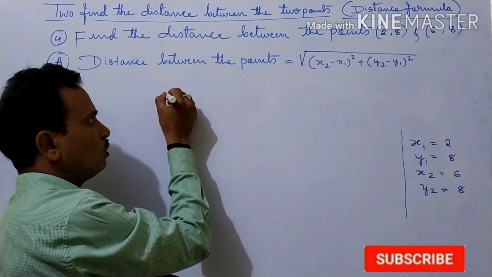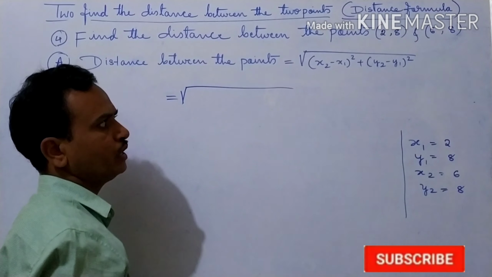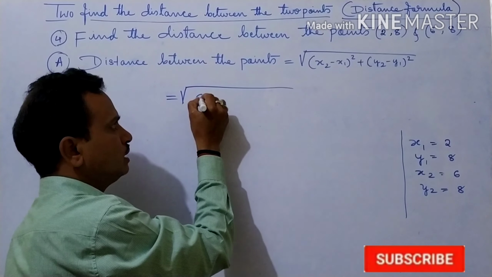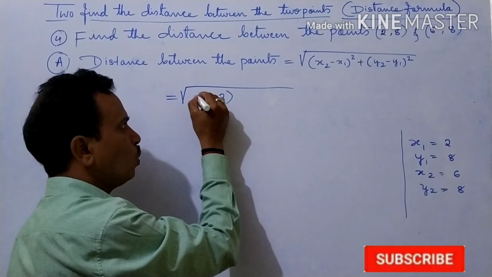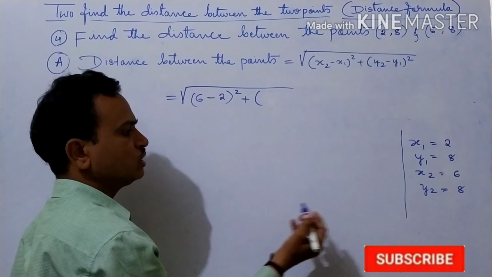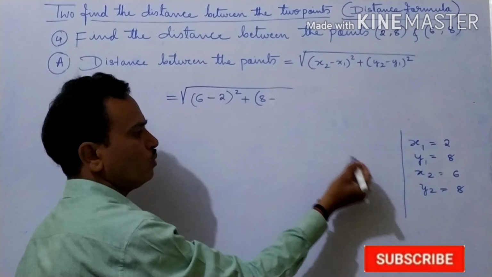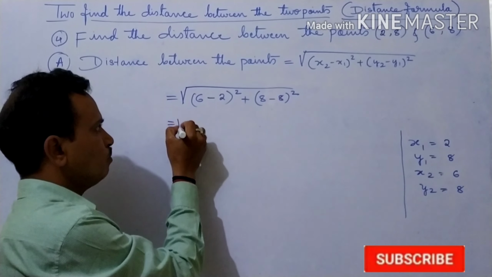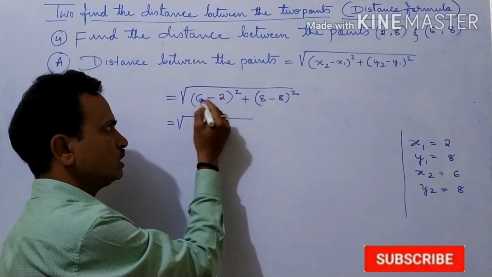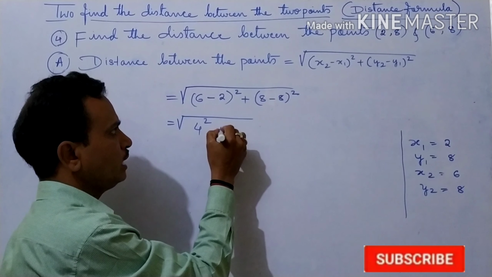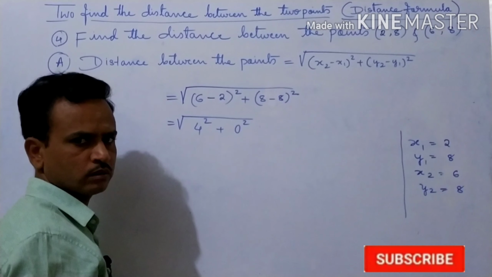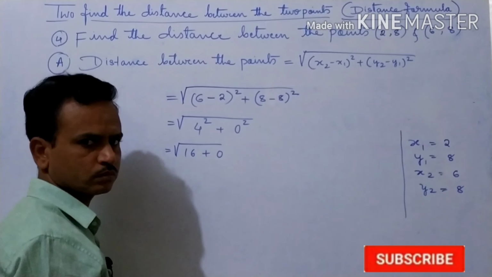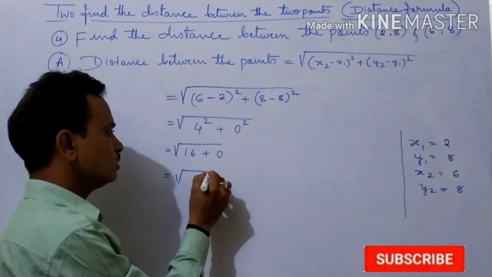In this formula you have to substitute the x2, x1, y2, y1 values. x2 is 6, minus x1 which is 2, whole square, then plus y2 which is 8, minus y1 which is 8, whole square. 6 minus 2 is 4, 4 square, then plus 8 minus 8 is 0, 0 square. 4 square is 16, then 0. 16 plus 0 is 16.